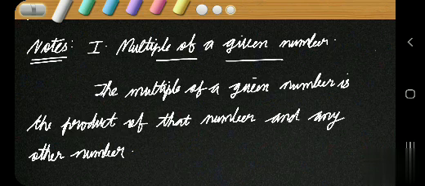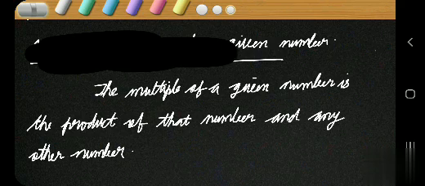So what is the meaning of multiple of a given number? Multiple of a given number means the product of that number and any other number.